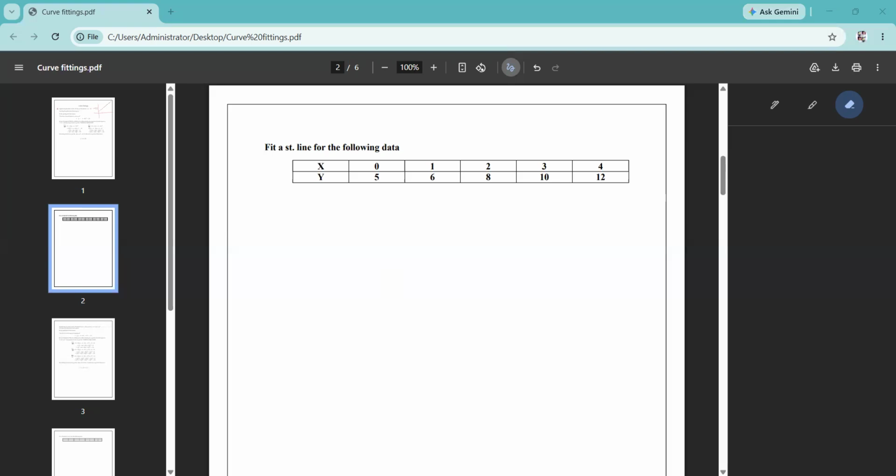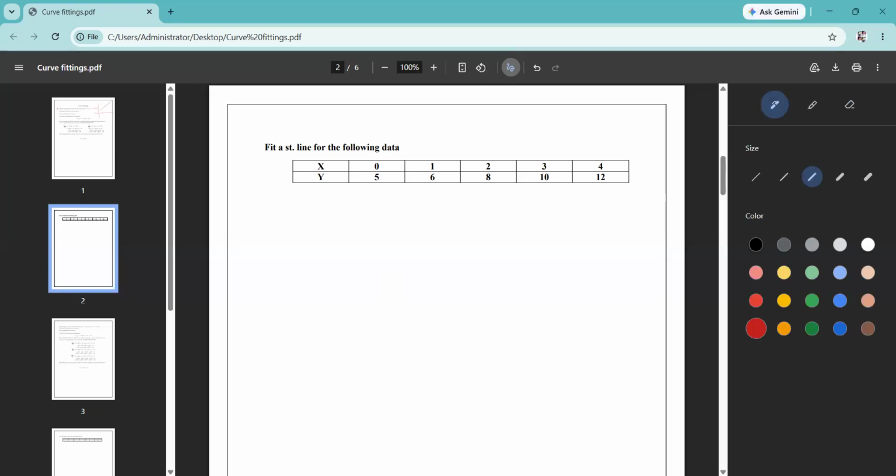Let us assume that y is equal to a plus bx is the straight line. Choice is yours. You can either assume a plus bx or ax plus b, both will represent straight lines only. This is taken as equation number 1. For these corresponding x values and y values, I am assuming this is your straight line.